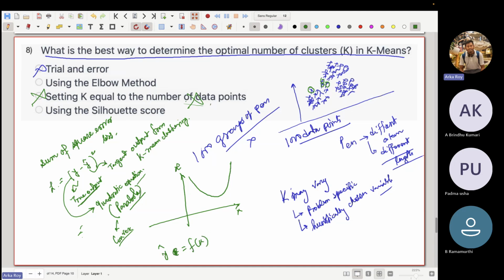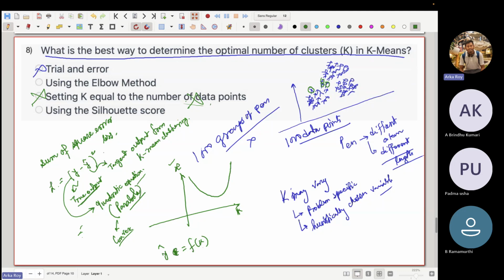In k-means clustering, you are changing the value of k, and based on this value of k you are getting the y hat. So y hat is a function of k. We vary k, and with respect to k, we look at the loss function's output.